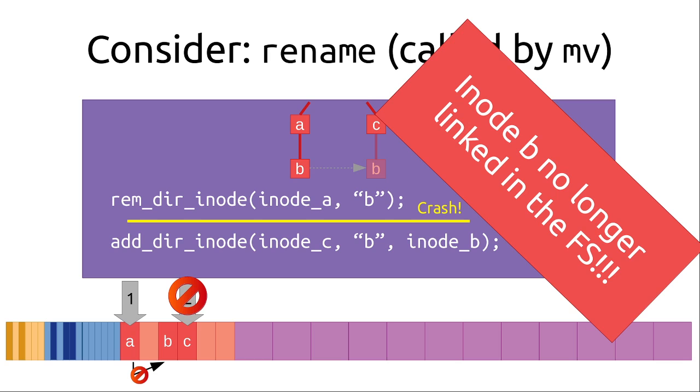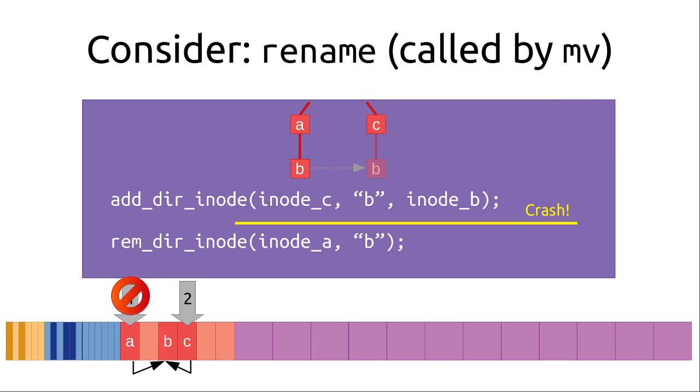This is a huge problem, because now if B is a subdirectory, we could have just completely lost an entire subdirectory on our disk, right? This is a massive problem, right? So we need to figure out some way to do better, right?